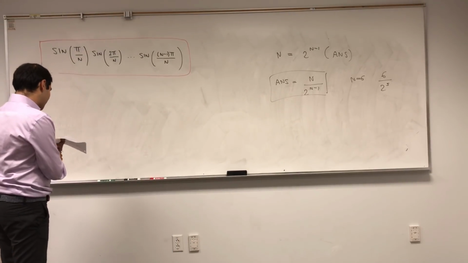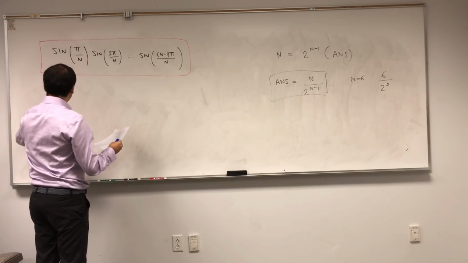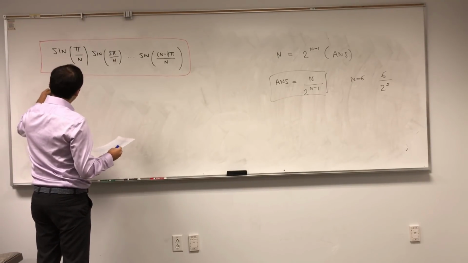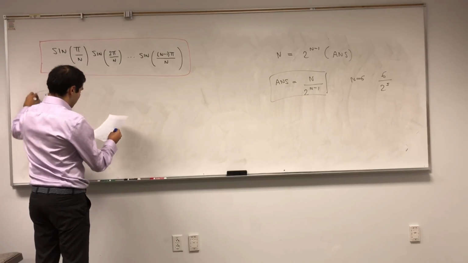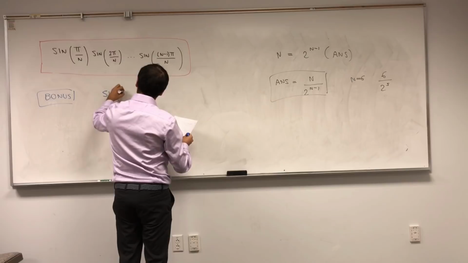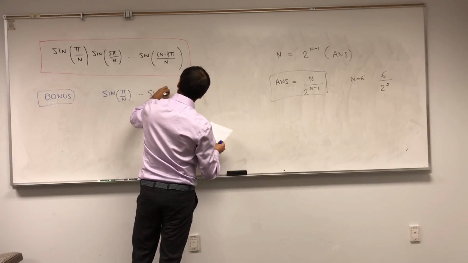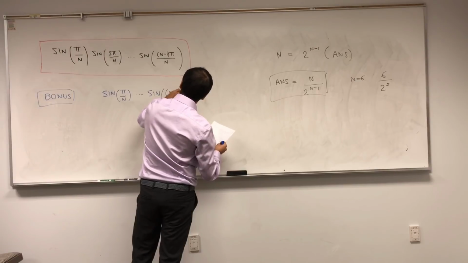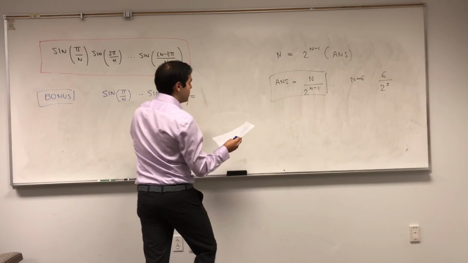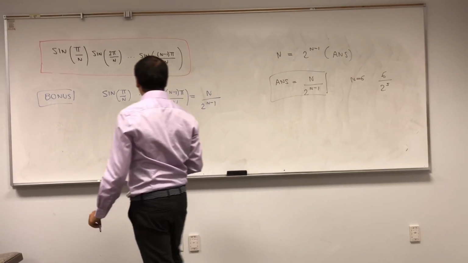Maybe that's a bonus, in case you're still watching. So sine of pi over n, dot dot dot, sine of n minus 1 pi over n equals n over 2 to the n minus 1.